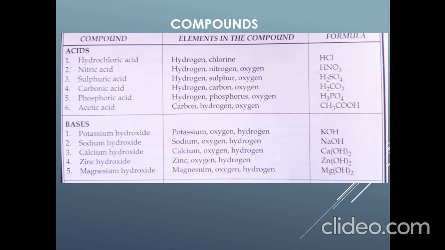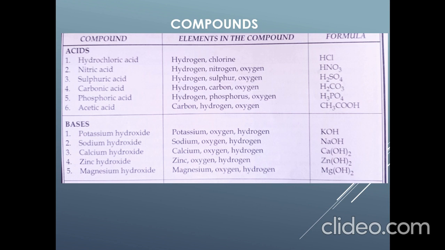Hydrochloric, nitric and sulfuric acid are used in the laboratory. Now carbonic acid consists of carbon, hydrogen and oxygen. The formula is H2CO3. Whenever carbon dioxide under high pressure is dissolved in water, it forms this carbonic acid, which is used in aerated drinks like cola, Pepsi, etc. Next is phosphoric acid.